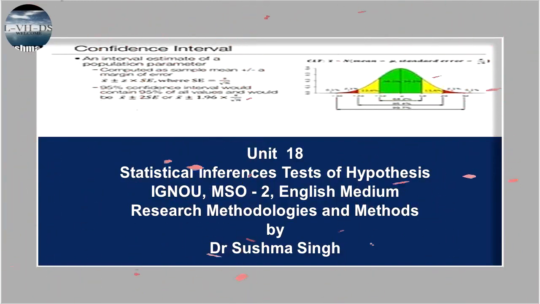Conventionally, rather than a single hypothesis, 2 are constructed. These hypotheses are constructed in such a way that if one hypothesis is accepted, the other is rejected. The 2 hypotheses are called Null Hypothesis, designated as H0, and Alternative Hypothesis, designated as HA.